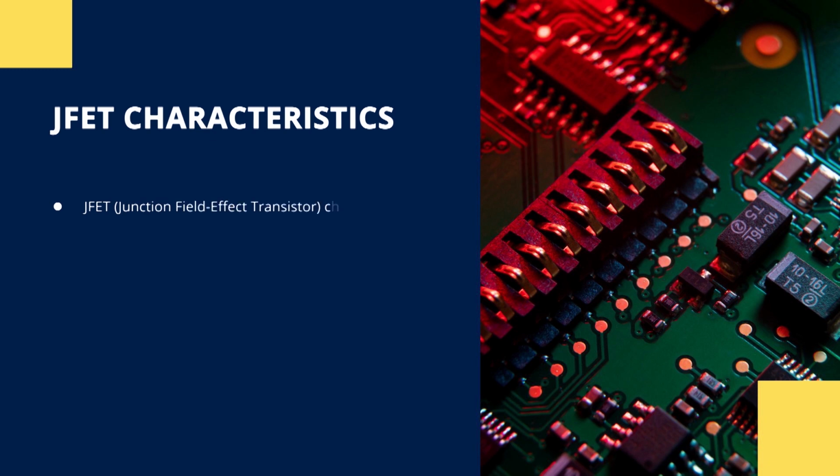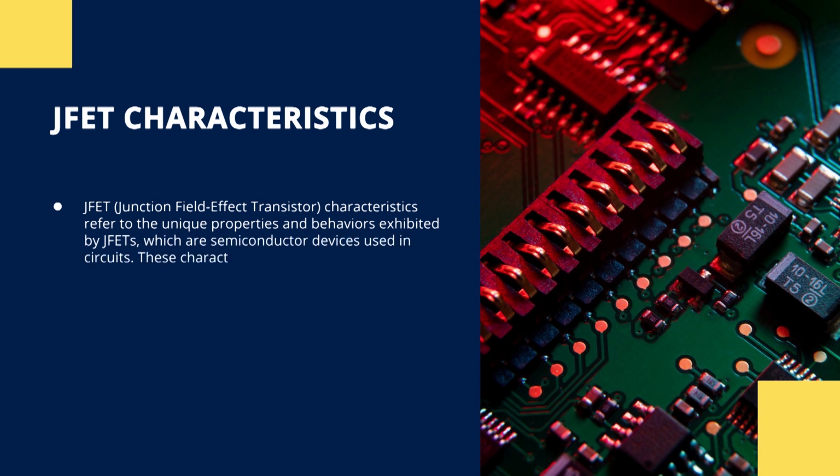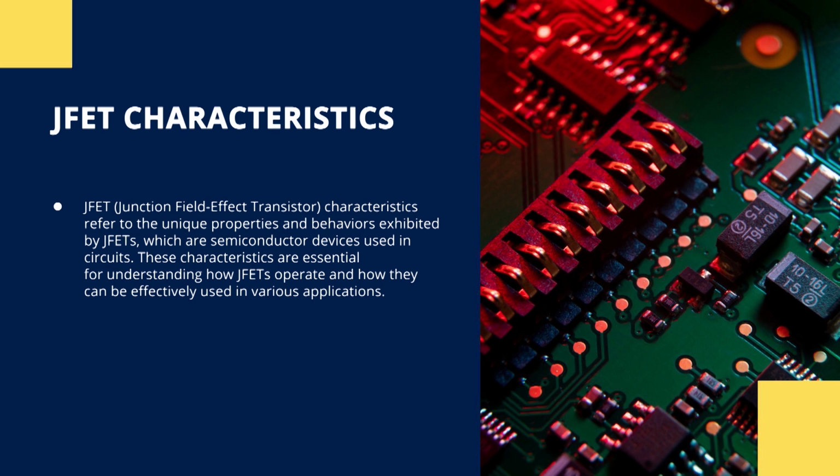So, let us discuss JFET characteristics. JFET stands for junction field effect transistor. JFET characteristics refer to the unique properties and behavior exhibited by JFETs, which are semiconductor devices used in electronic circuits. These characteristics are essential for understanding how JFETs operate and how they can be efficiently used in various applications.